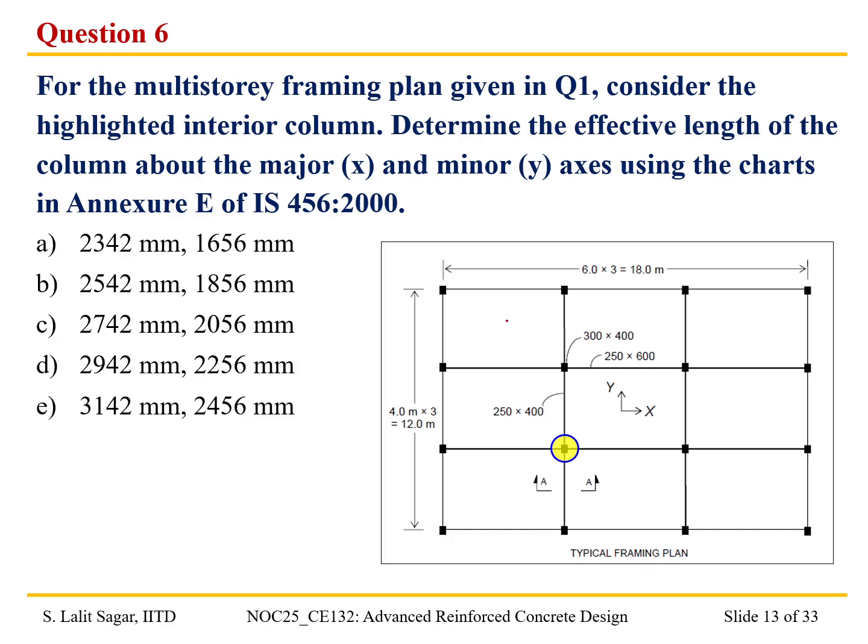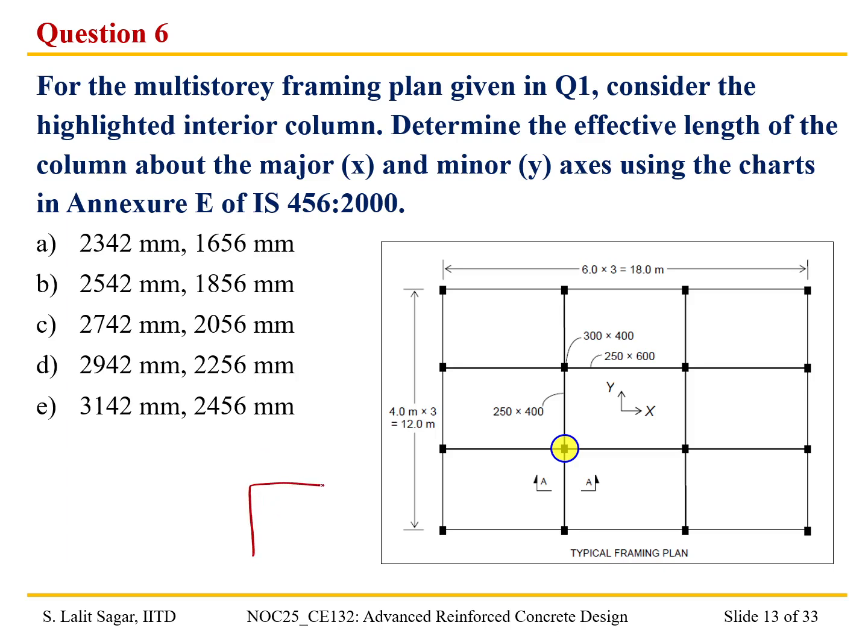For the multi-story framing plan given in question 1, consider the highlighted interior column. Determine the effective length of the column about the major axis and the minor axis using Annexure E of IS 456-2000. I'm going to draw a magnified view of this column in plan.